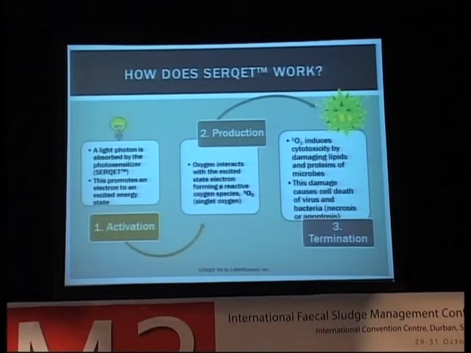How does Saket work? Basically, we need light. A light photon is absorbed by the photosensitizer. This promotes an electron to an excited energy state. Number two, oxygen interacts with the excited state electron, forming a reactive oxygen, also called singlet oxygen, 1O2.